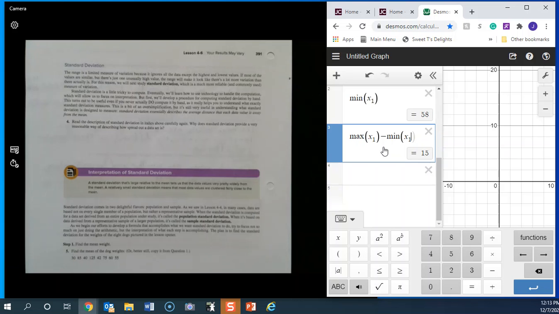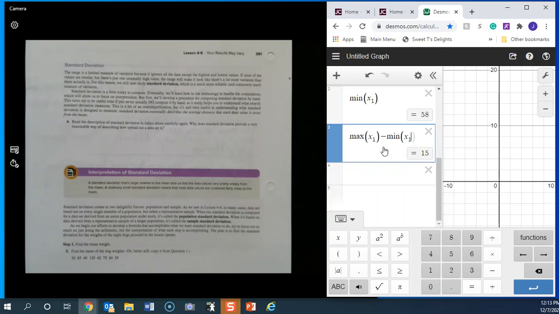For this reason, we will next study standard deviation, which is a much more reliable and commonly used measure of variation. Standard deviation is a little tricky to compute. Eventually, we'll learn how to use technology to handle the computation, which will allow us to focus on interpretation. But first, we'll develop a procedure for computing standard deviation by hand.